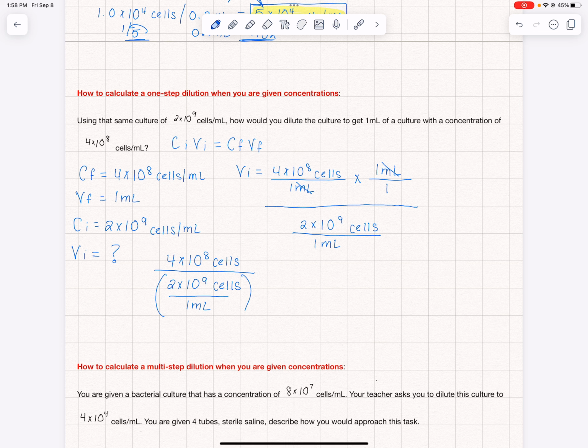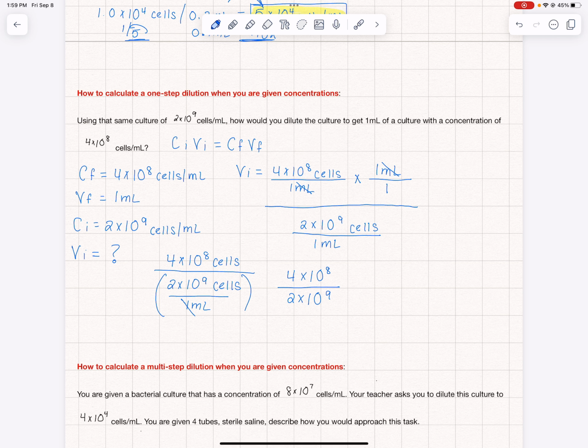Because this is just over 1 milliliter, we can kind of forget about this 1. And what that's going to give us is essentially 4 times 10 to the 8th divided by 2 times 10 to the 9th.